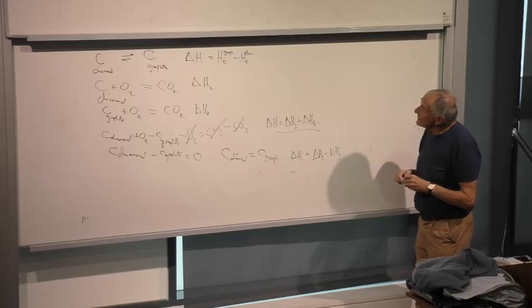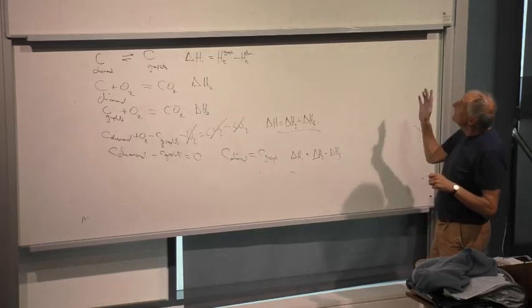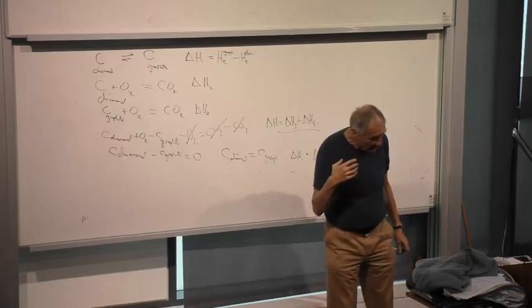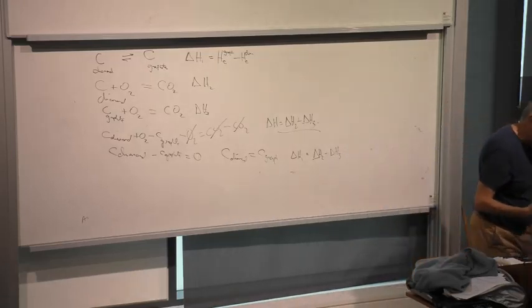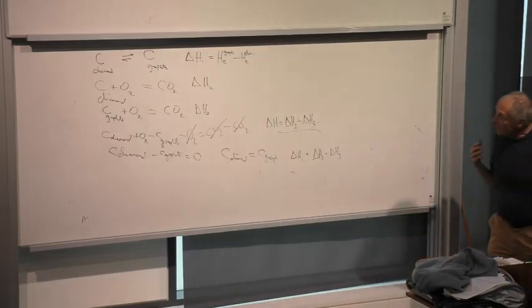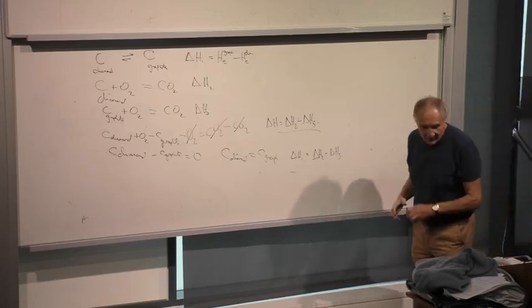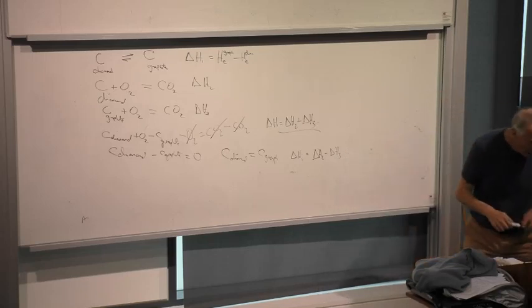So all of these so-called functions of state, enthalpy, entropy, volume, are additive like that. It doesn't matter, the path is irrelevant. It only depends on what we start with and what we end with. Okay, I'll do it.